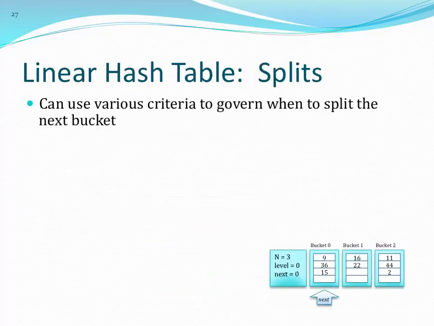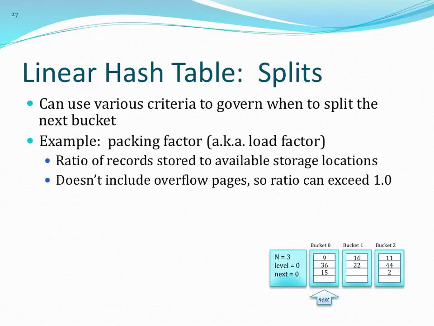Now, when do you decide to do this? Like I said, you could say the bucket has too many overflow buckets associated with it, and keep track of something like that to decide when to start splitting buckets. Or another thing you could do is look at some ratios or metrics associated with the hash table. So it says here the ratio of records stored to the available storage locations.